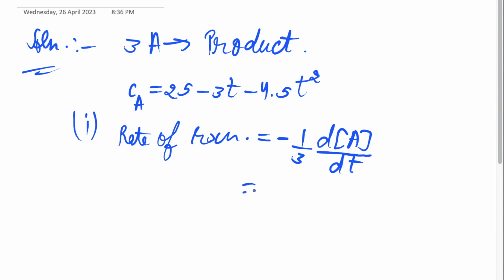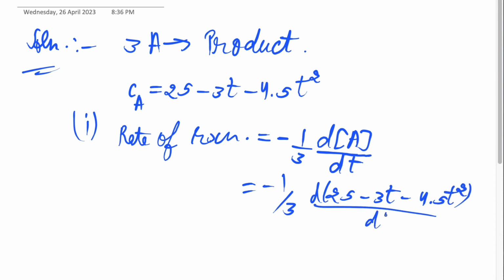So minus 1 by 3 dA, where A is the concentration, so we just have to find the derivative of this equation: d(25 minus 3t minus 4.5t square) upon dt.